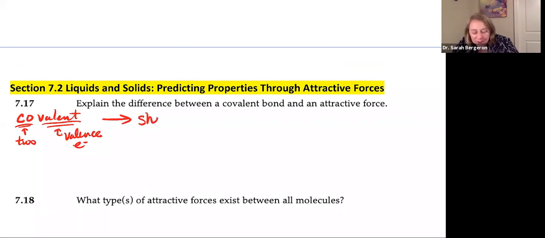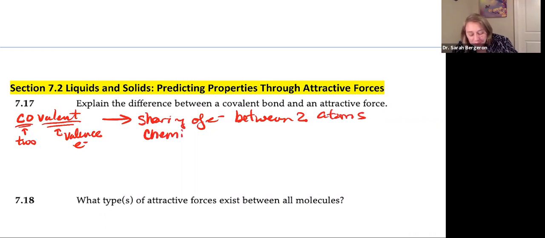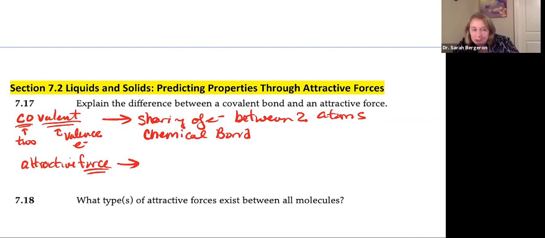It's the sharing of electrons between two atoms. And this is really, by definition, a chemical bond, right? Attractive forces are not chemical bonds. They're not. So an attractive force is a force. It's not a bond.